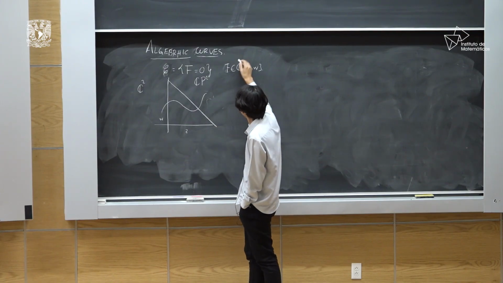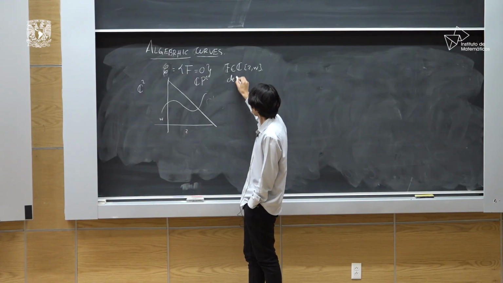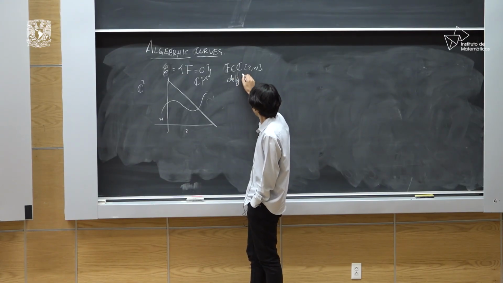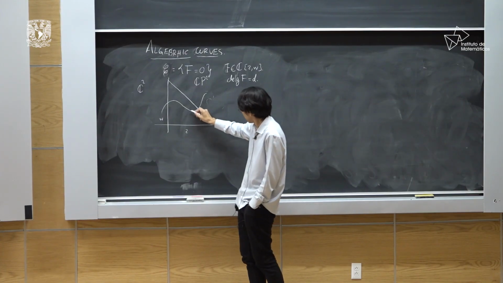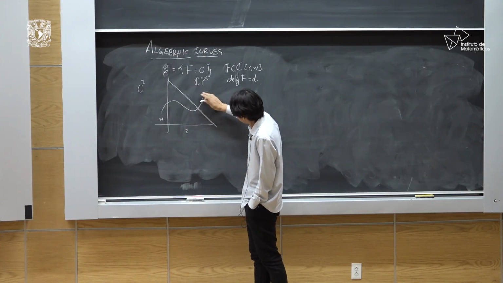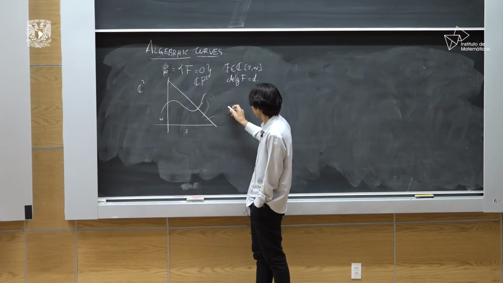This curve, given by the zero set of a polynomial, generically intersects transversally the line at infinity at d points.